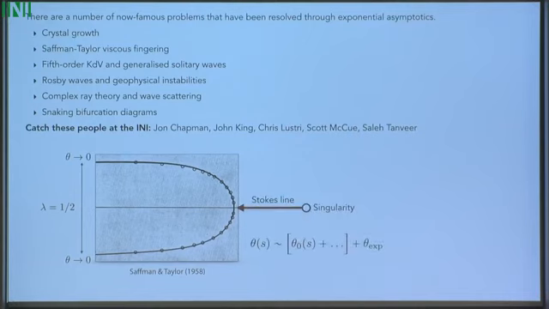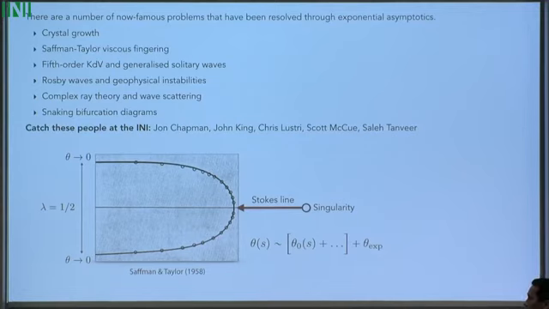The idea is that there is a finger width which is selected by the PDE or by nature, in which the finger is usually half the size of the channel, but the asymptotics don't tell you that it's supposed to be a half. And you have to go to beyond all order terms. You have to find those exponentially small terms, and somehow they're crucial for satisfying the boundary conditions of that problem.